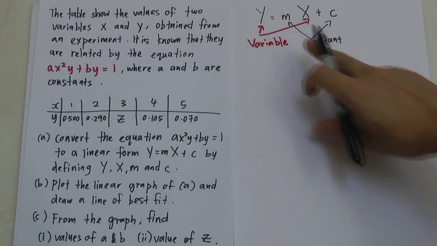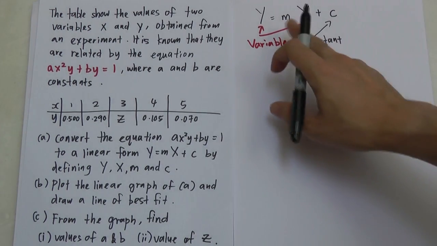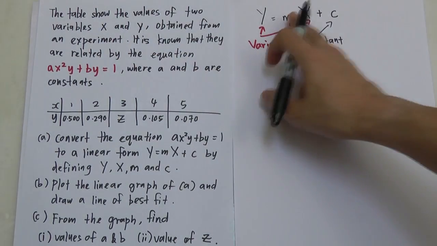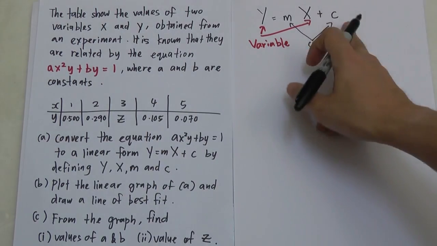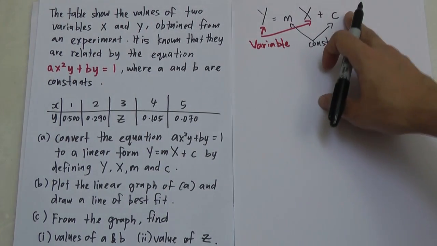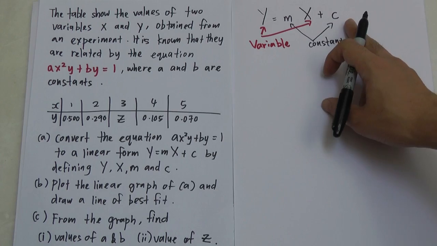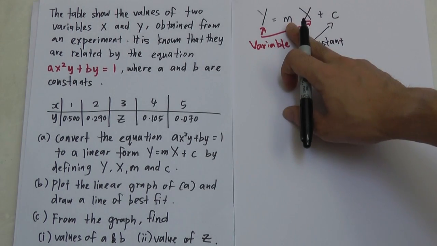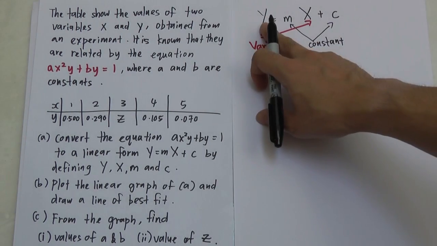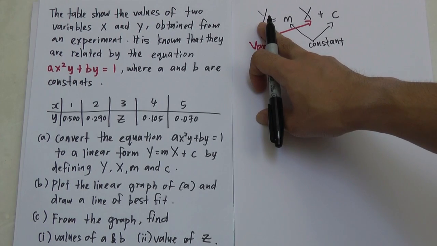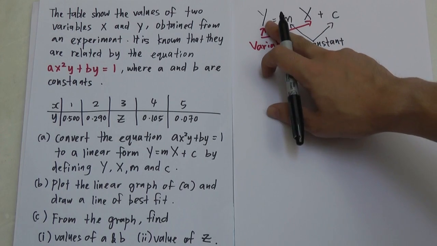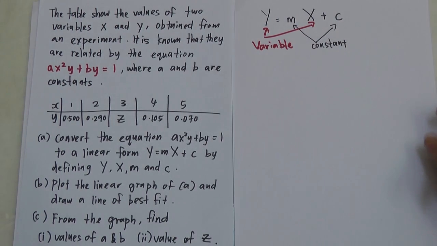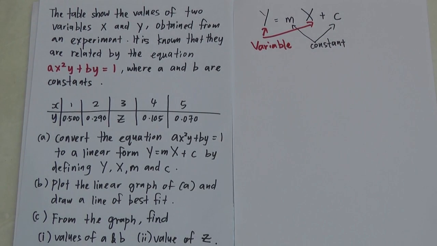The meaning is that in m and c, I cannot have anything x and y. I must use only a and b. I can have a squared over b or b cubed or b power 100. It doesn't matter as long as it's a constant value. And for the variable, I can have x squared over y or y squared over x or x squared multiply y squared. It's okay, but it must be variable, and these two must be constant. Alright, this is the meaning of variable and constant.